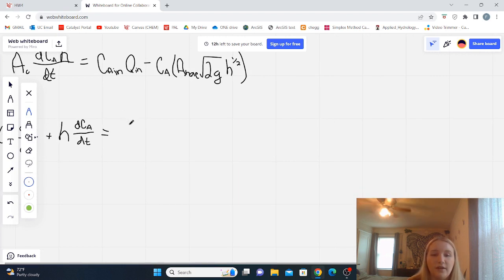the concentration of A going in, C_A in, multiplied by our Q in, minus the concentration of A times the cross-sectional area of our hole, A hole, multiplied by the square root of 2g times h to the 1/2 in parentheses.